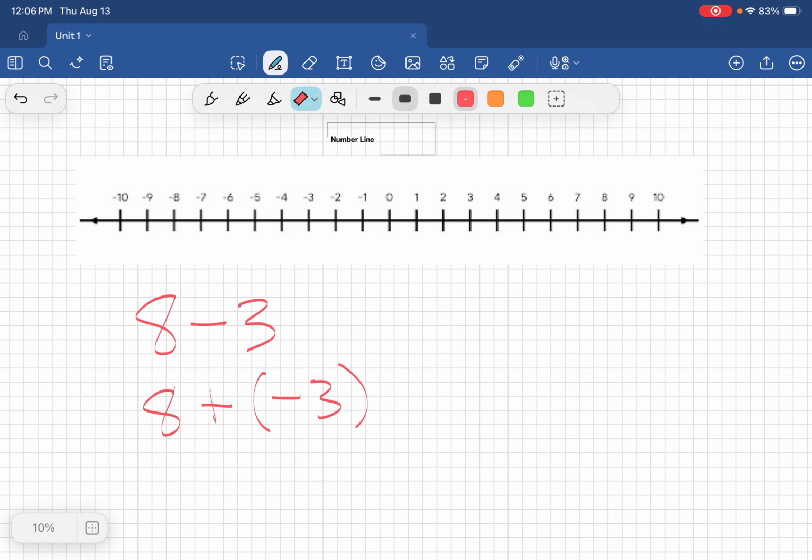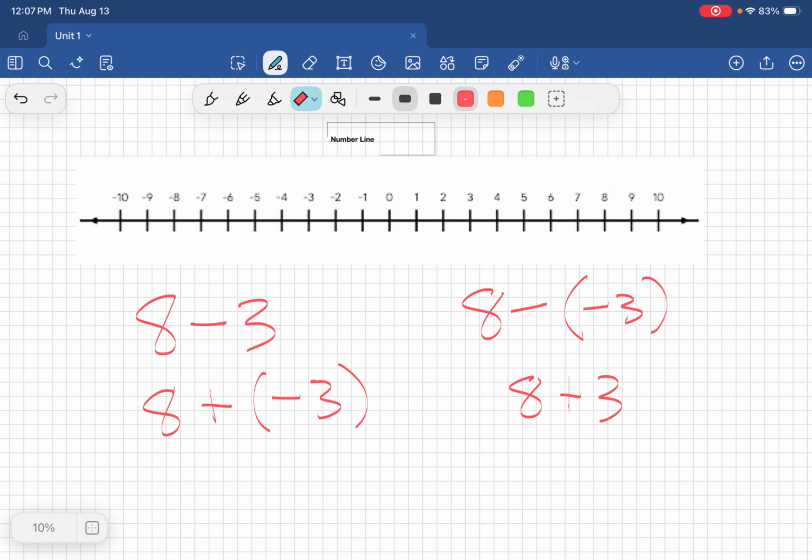And 8 minus a negative 3 becomes 8 plus 3. Remember, the opposite of positive is negative, and the opposite of negative is positive.